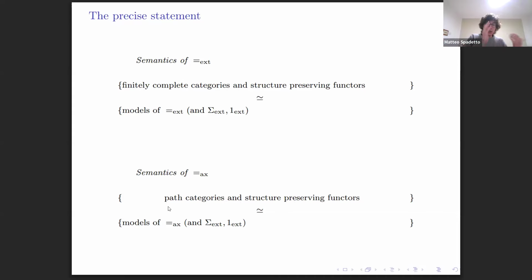So it will send weak equivalences to weak equivalences, fibrations to fibrations, the terminal object to the terminal object, and the pullbacks of fibrations to pullbacks.